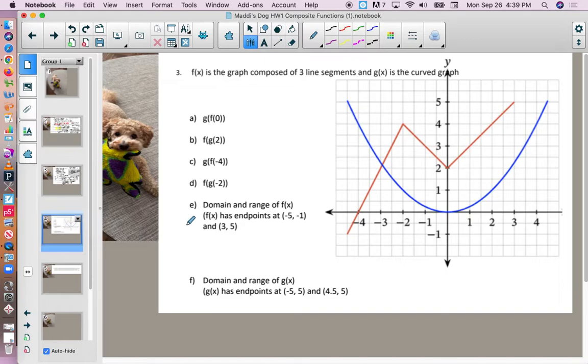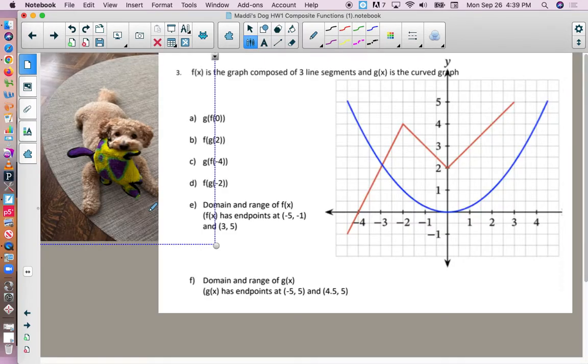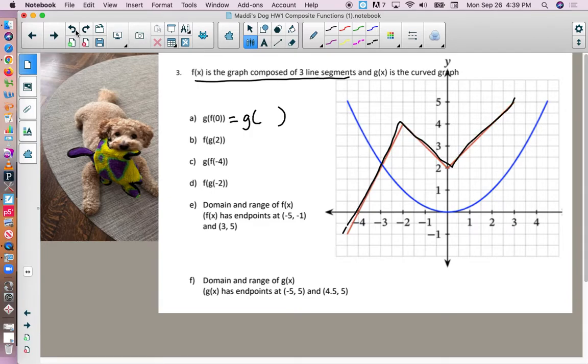All right, on this one, now we do it with a graph instead of an equation or a chart. So we have G of F of 0. Now F of X is the graph composed of 3 line segments. So these are lines right here. And so this is F of X, this slanted one.